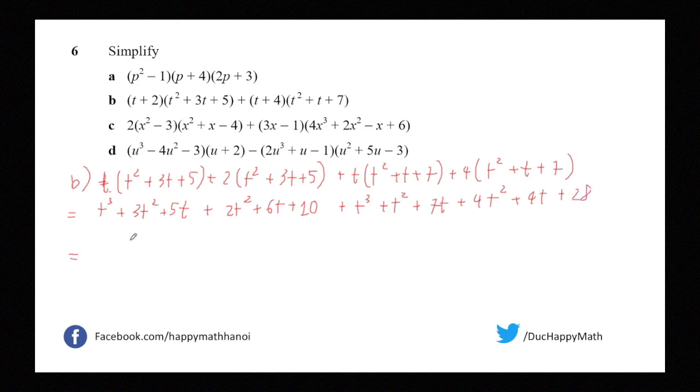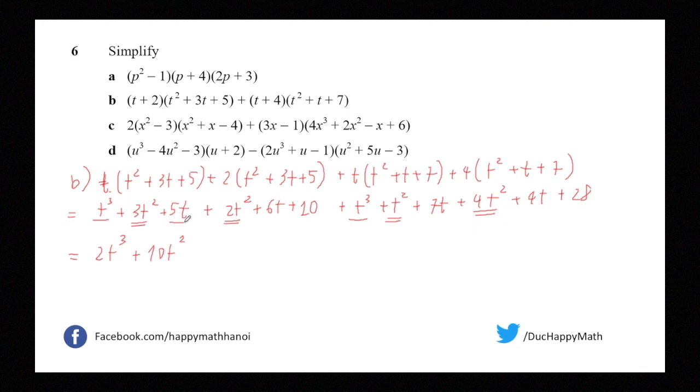Okay, so t cubed, 1 and 1 is 2, no more. 2t cubed. t squared: 3, 2 is 5, 5 and 1 is 6, 6 and 4 is 10, 10t squared.